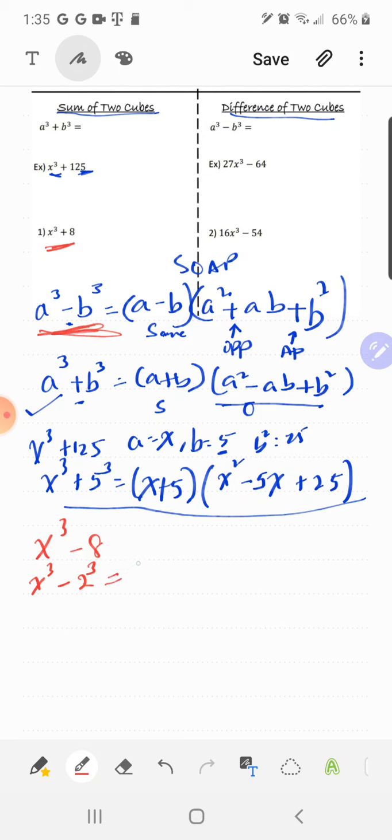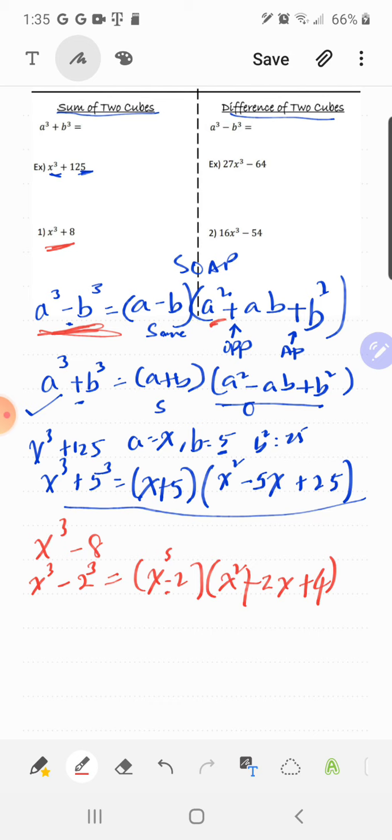So this is equal to x minus 2, same sign, and x squared, because a squared from here, plus opposite sign, because the opposite of minus is plus, times a times b, which is 2 times x, plus b squared, which is 4, right? So that's it.